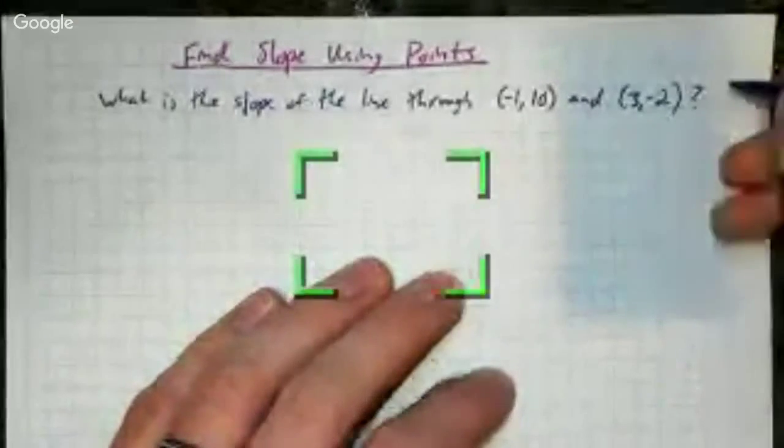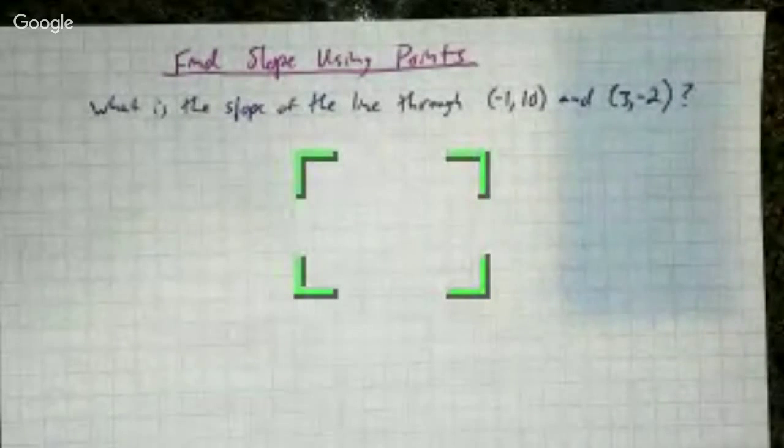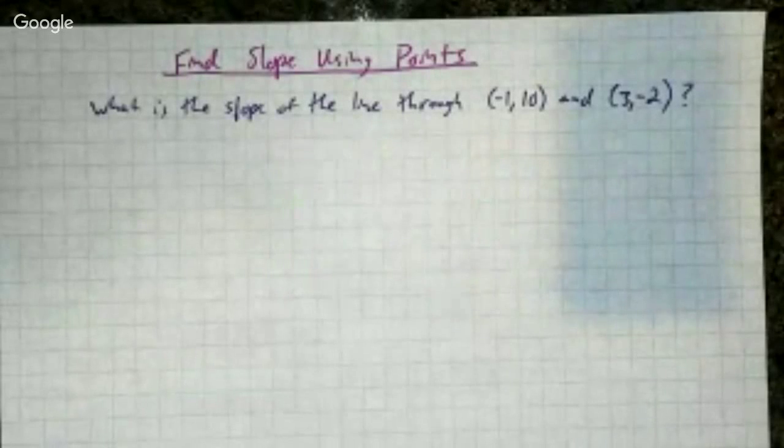Now, one way you can do this is you can write out a graph and fill in these points. You can do it that way, but let's not do that much.